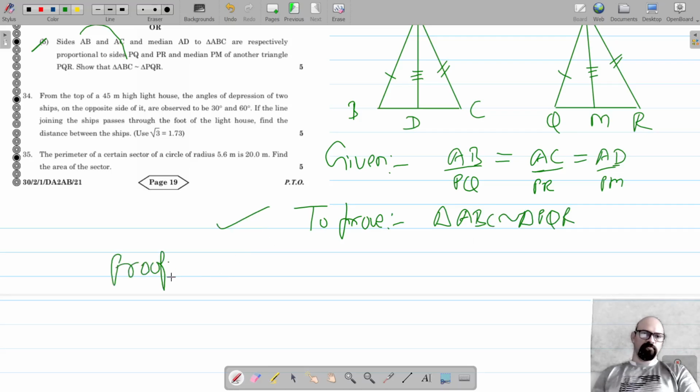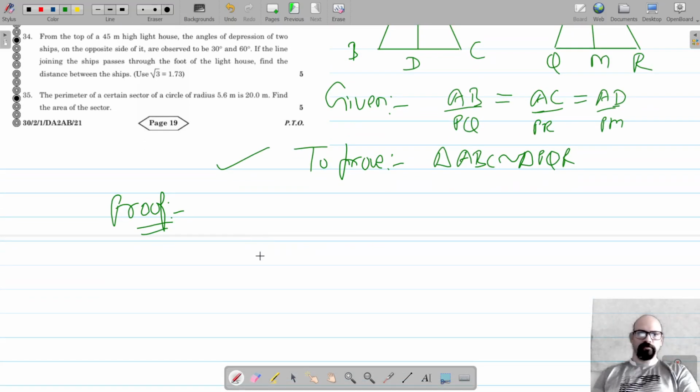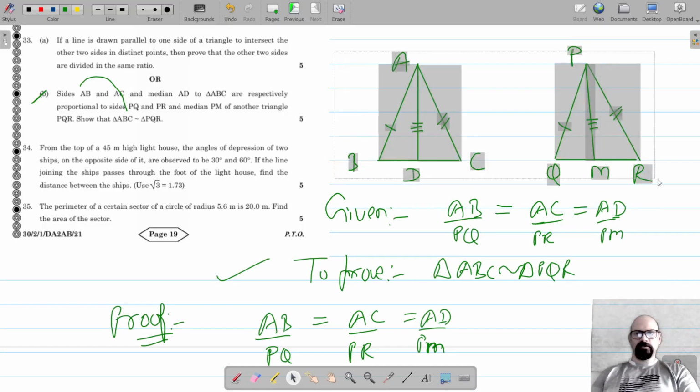And let's jump on to proof. So what is given to us, let me just write it down. AB by PQ is equal to AC by PR is equal to AD by PM. That is what is given to us. And in this case, we are going to do some construction here for these two triangles.